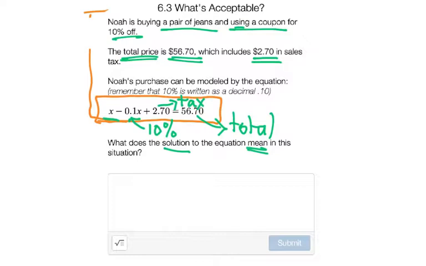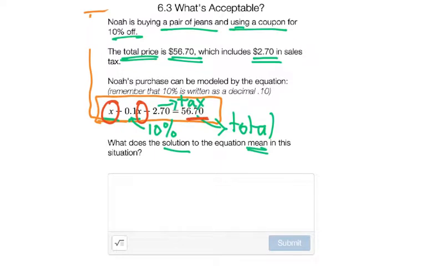So I'm going to look back at my equation, and what does that mean by solution? Remember, last week we talked about solutions. It's what makes an equation true. So in other words, what is X here? I have no idea. He's buying a pair of jeans, uses a coupon. So what does the X represent? Well, I know the total that he spent was $56.